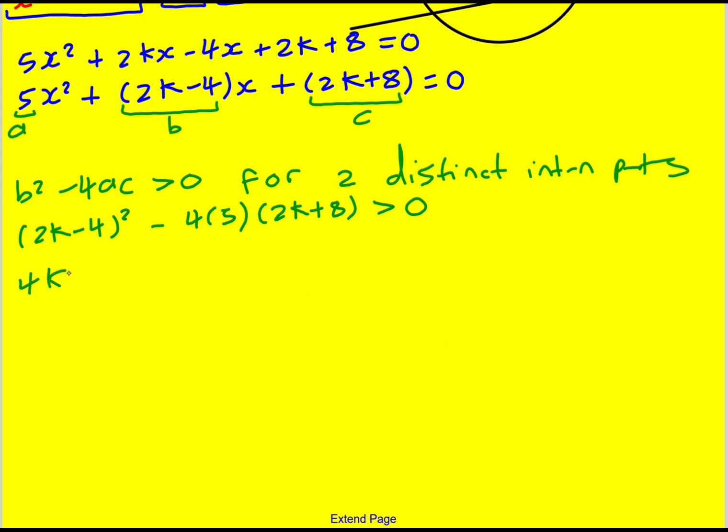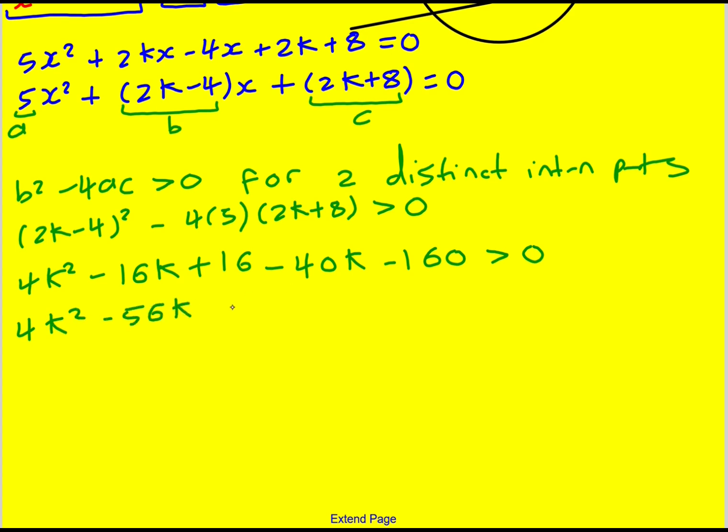Expand this, we've got 4k squared minus 8k minus 8k, so that's minus 16k plus 16, minus 20 times 2k is 40k, and then 20 times 8 is going to give me minus 160. Right, 4k squared minus 56k minus 144 actually.